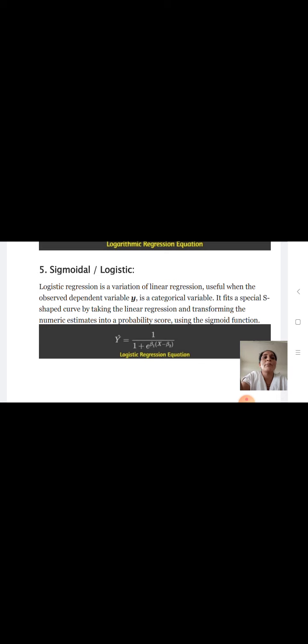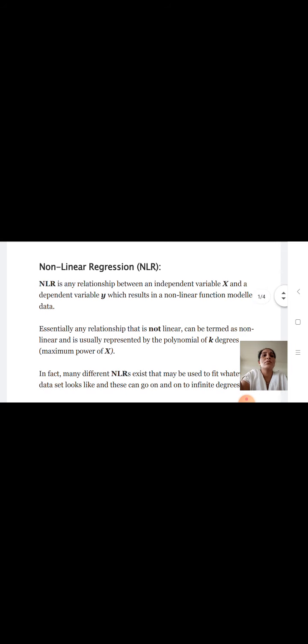That is y hat is equal to 1 upon 1 plus e raised to beta 1 into bracket x minus beta 2. That is the logistic regression equation. Hope all of you are understanding what non-linear regression is and what the representative terms and conditions of non-linear regression are.